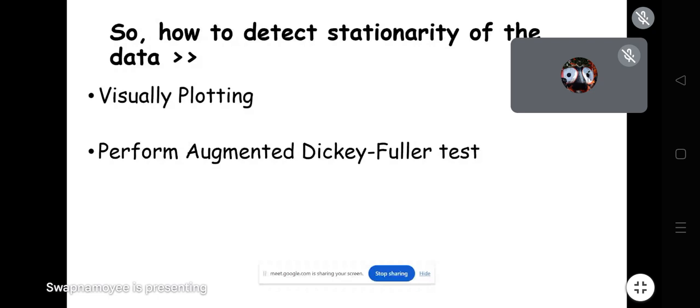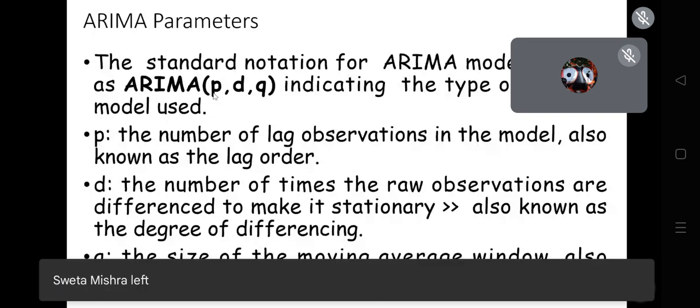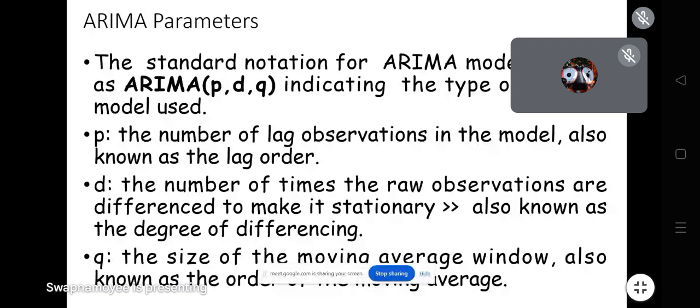Let us go to how we are going to find these ARIMA (p, d, q) parameters. When you are using a particular model, we write it in this format, ARIMA(p, d, q). ARIMA is autoregressive, and p means how many lags back you have used, say 1 year, 2 years, 3 years, 4 years back data.